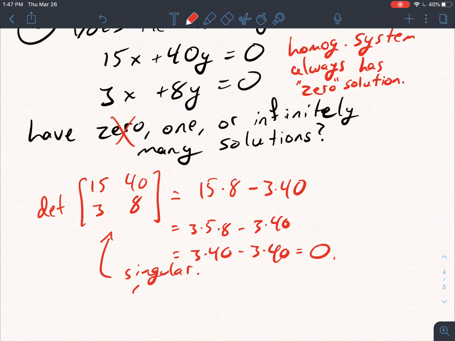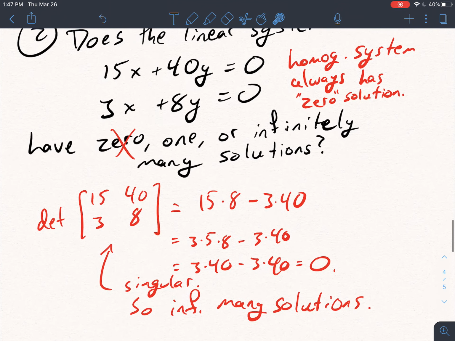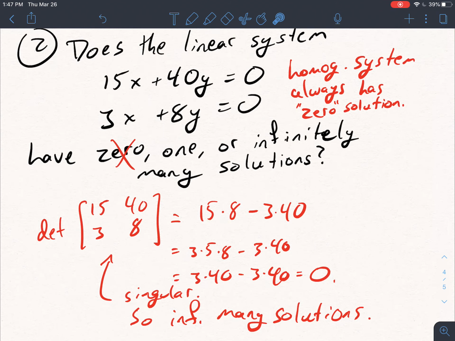Because it is singular, that tells us there are infinitely many solutions. All right, if you recall, the definition of a singular matrix is that the homogeneous system that it represents has infinitely many solutions. So that's our quick check to answer this question here.